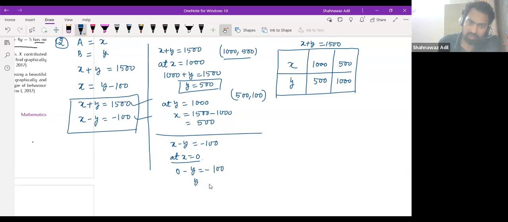So Y is 100. So then the point is 0 comma 100.